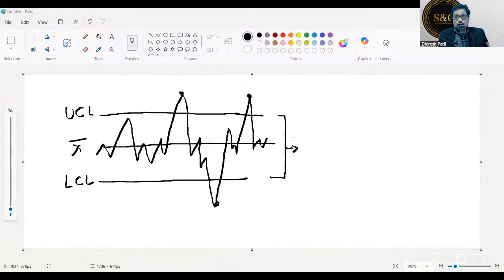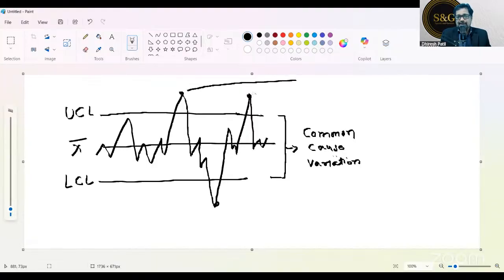So any process variation within the band of control limit, write this down, is called common cause variation. And any data which is going beyond this, like these two data points, as well as this one, these are called special cause variation.